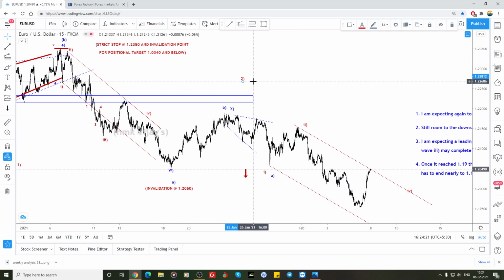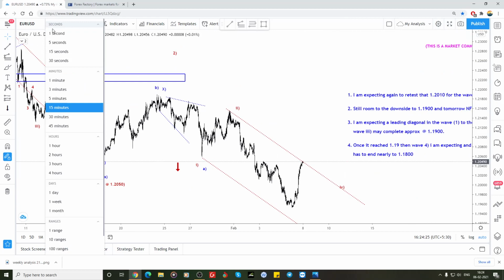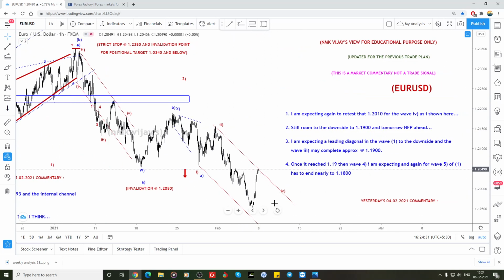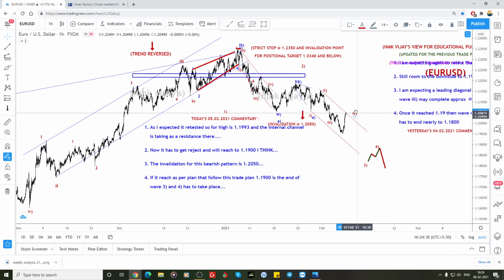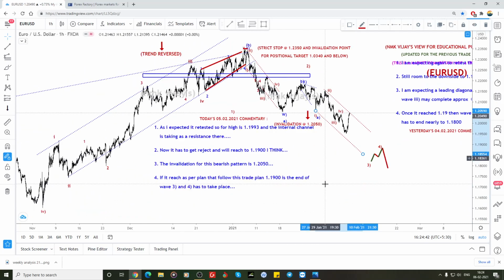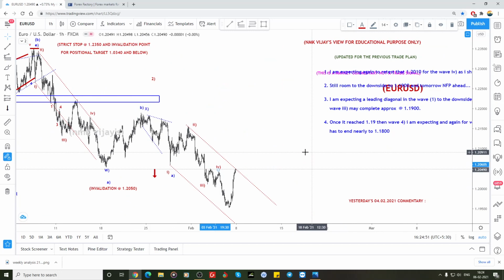So this could be a 1, 2, three, 4, and 5. If it is from here, it is the end, but I'm not going to do that.